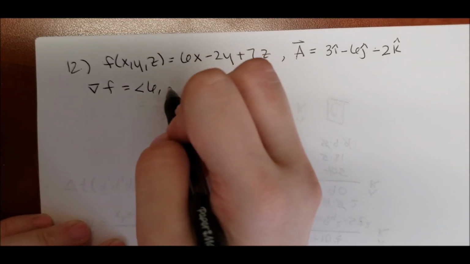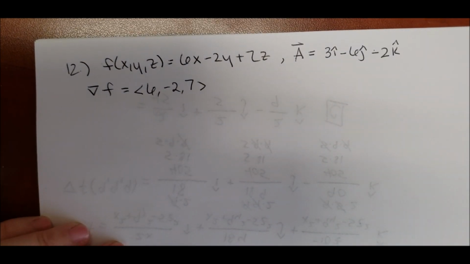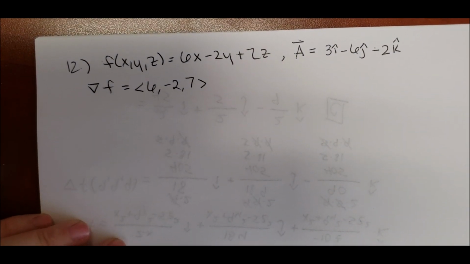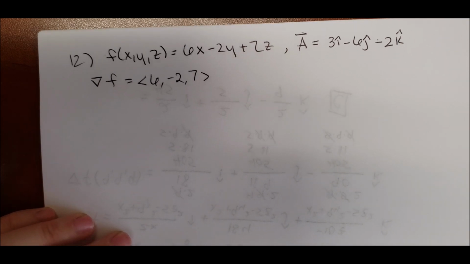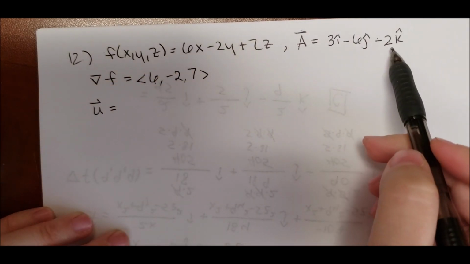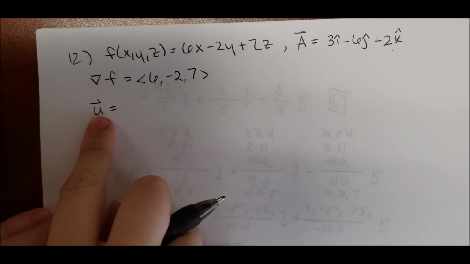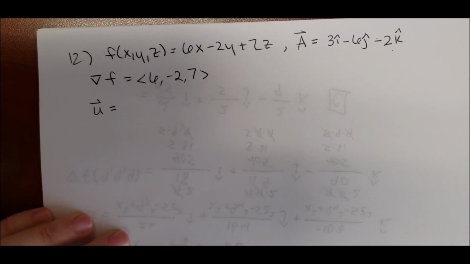It's 6, -2, 7. And then there's some vector u that's in the direction of A. So u is the unit vector.